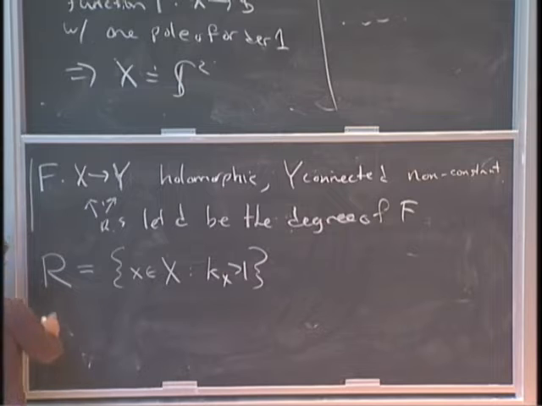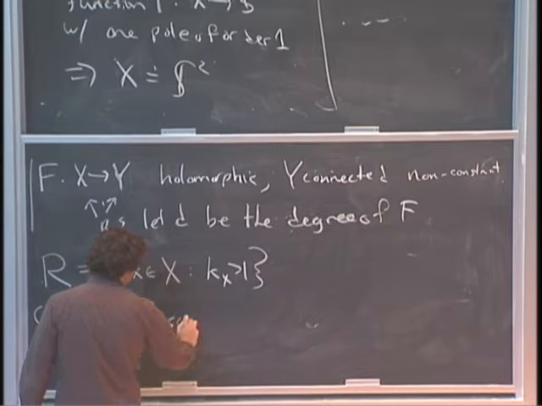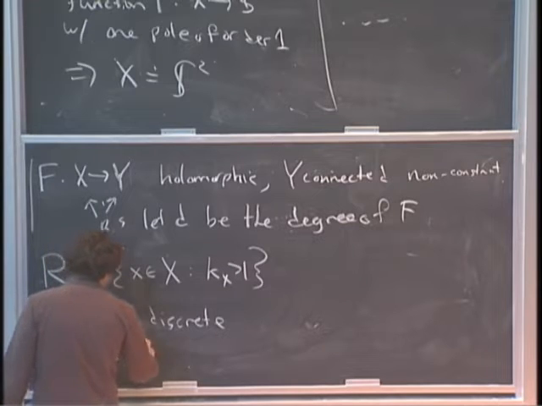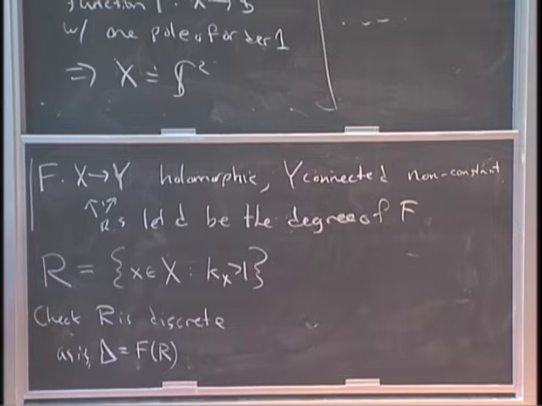So you should check that R is discrete, as is what's called delta, which is the image of R. I'll leave that as an exercise.